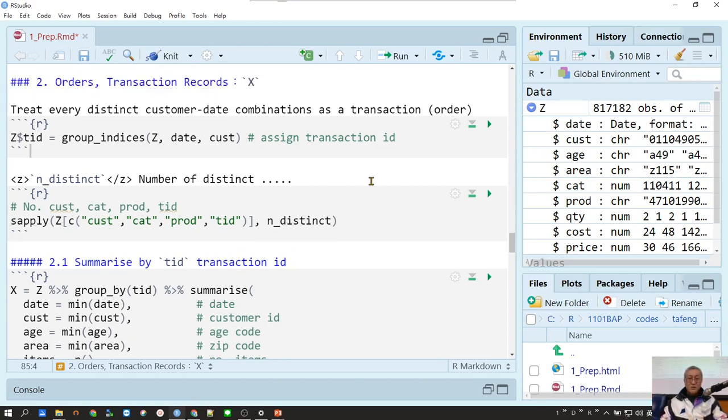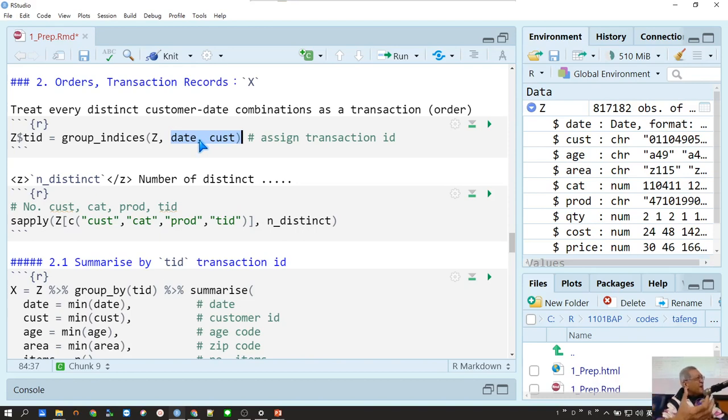The way I solve it is I create a new variable called transaction ID. This function called group index means that for every unique combination of date and customer, I will create a unique ID for it. Which means that all of the items that a customer buys on the same day, we will treat as a transaction.